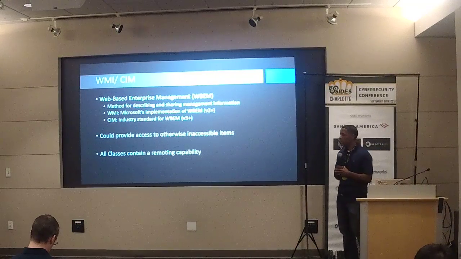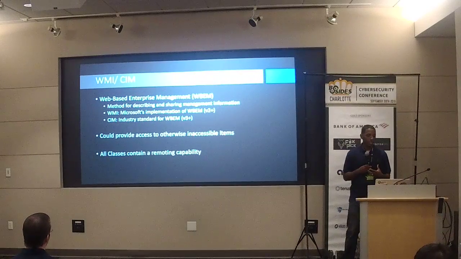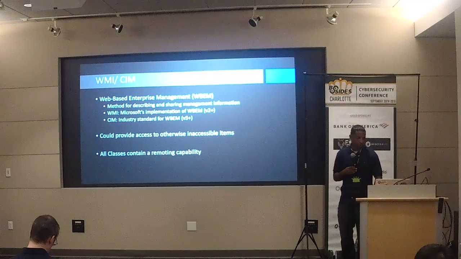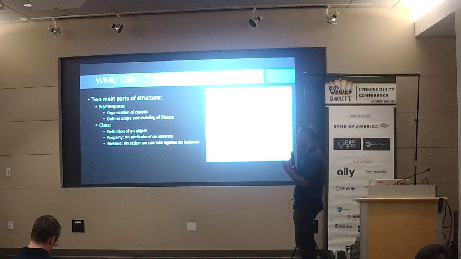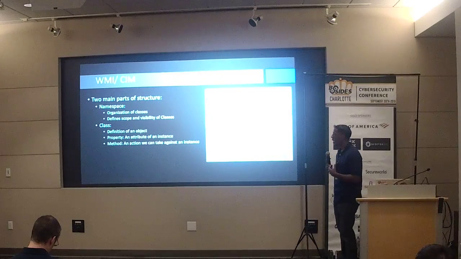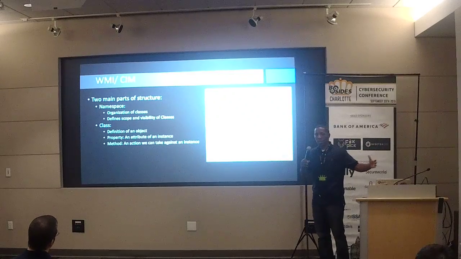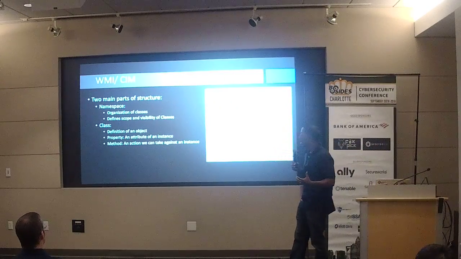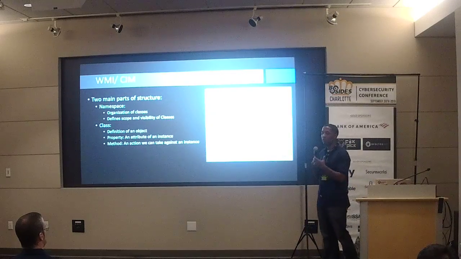WMI or CIM utilizes a number of classes and namespaces. Largely, these things are way too large for an admin to be able to understand, but nonetheless, we'll dive a little bit deep into it. These namespaces are organizations of classes themselves. So let's say we had Win32 process, for example. That allows us to get running processes off of a machine. And then that itself as a class would fall under some type of namespace.